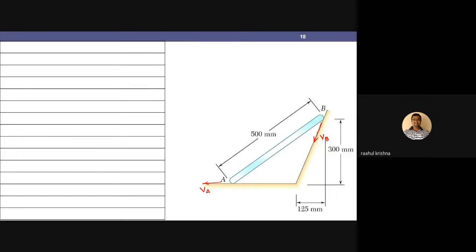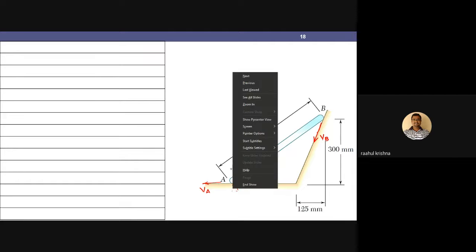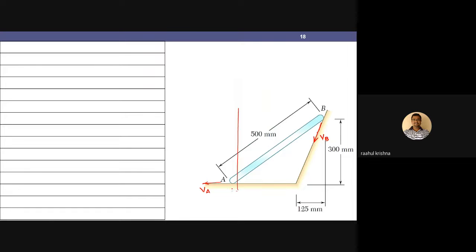Now, next step, from my end A, I am using a scale.